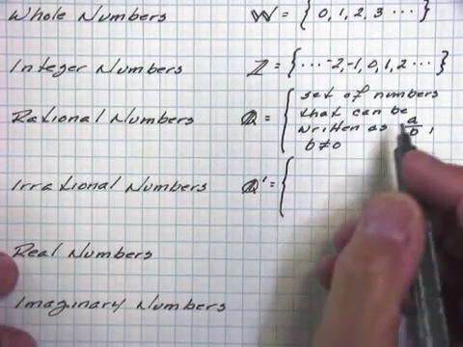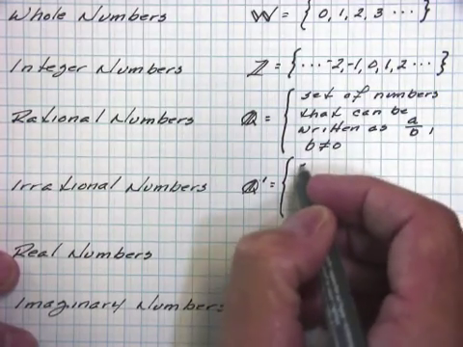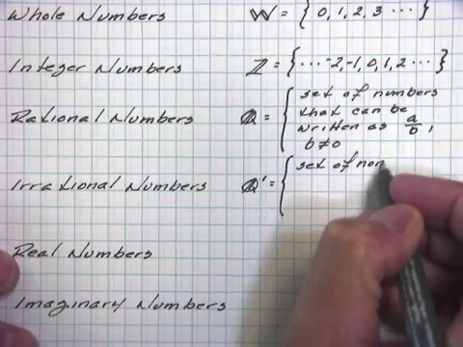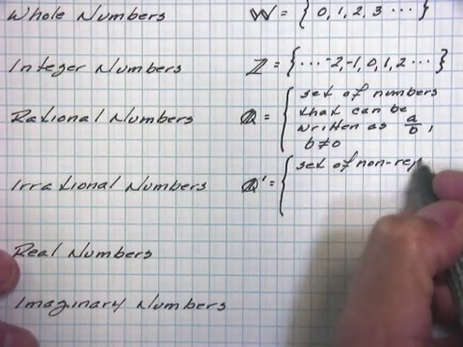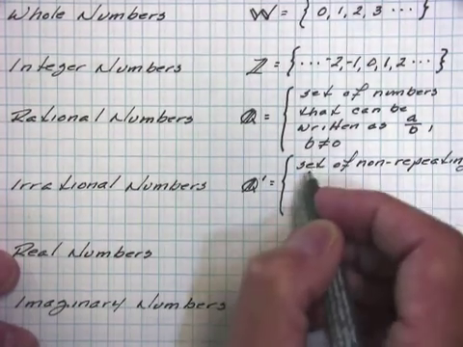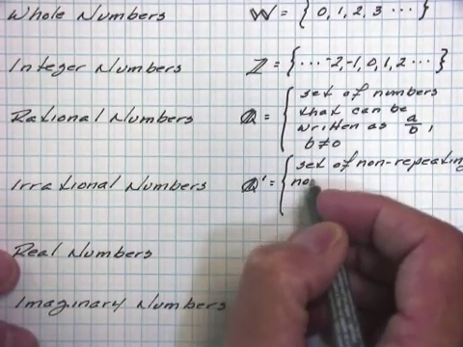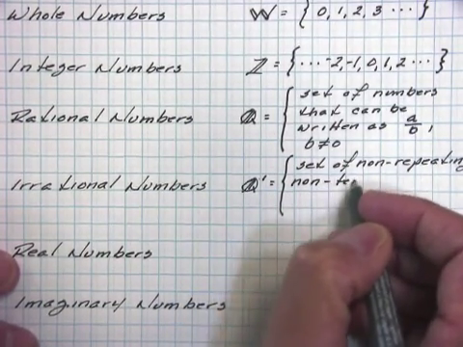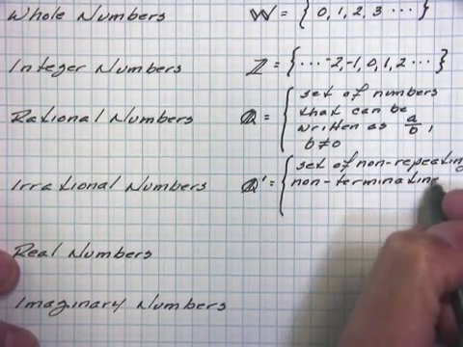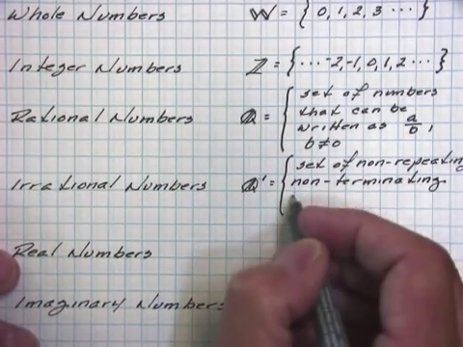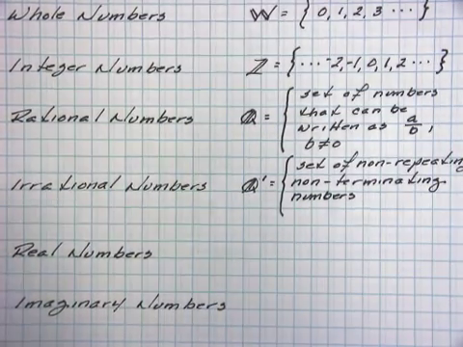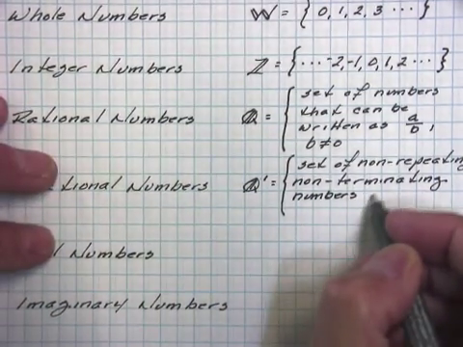And if that's the case, you can't write it as a fraction. So we say that irrational numbers are the set of non-repeating, non-terminating numbers.